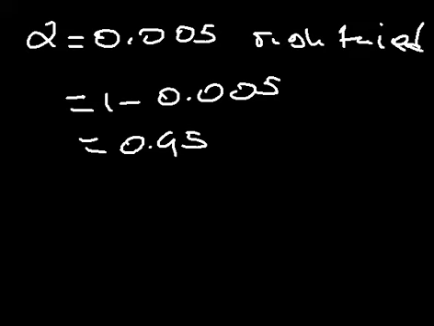So we are going to find the critical value corresponding to that value on the table, since it is right-tailed. The table gives us the area to the left-hand side, but we need the area to the right-hand side, so we take the complement of 0.05.